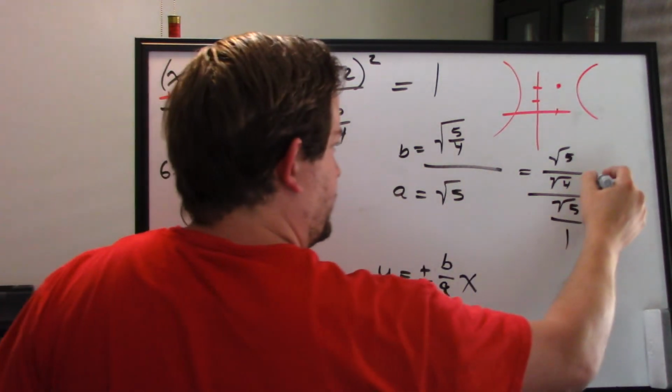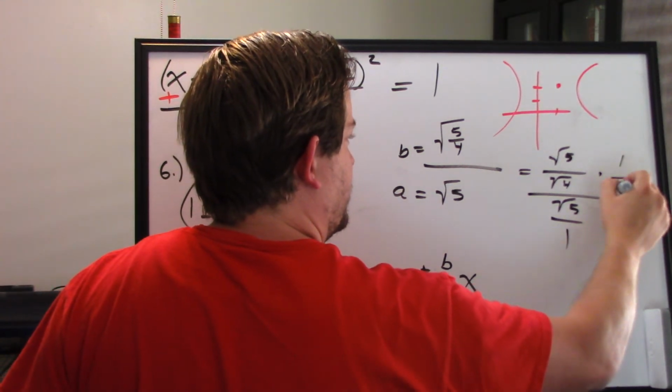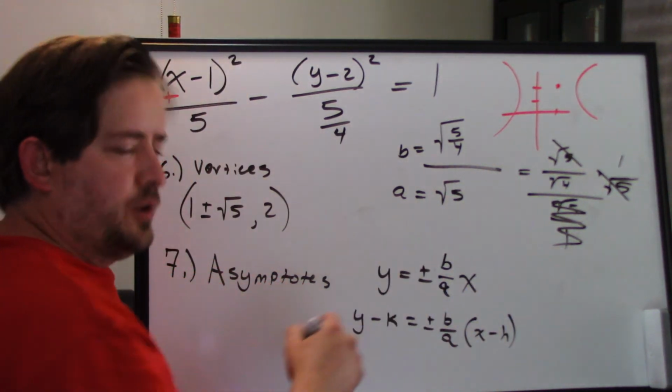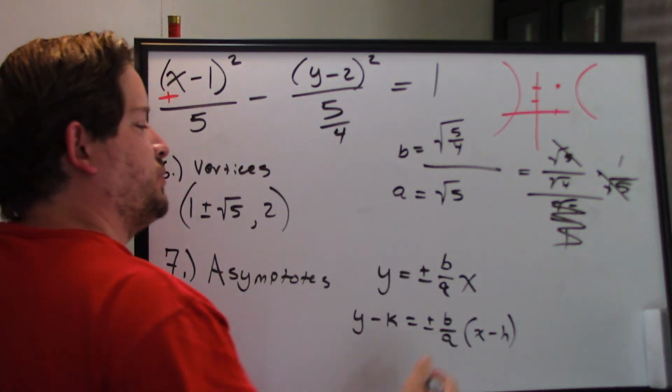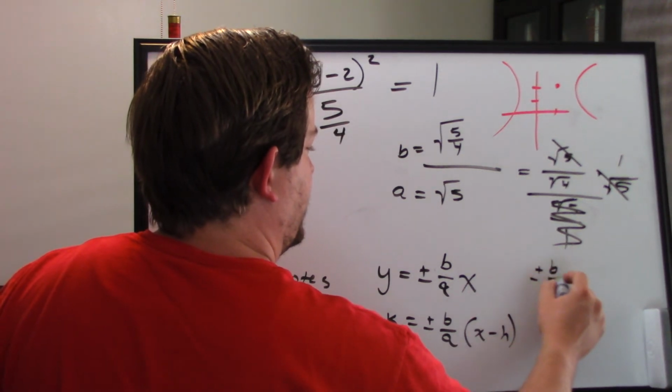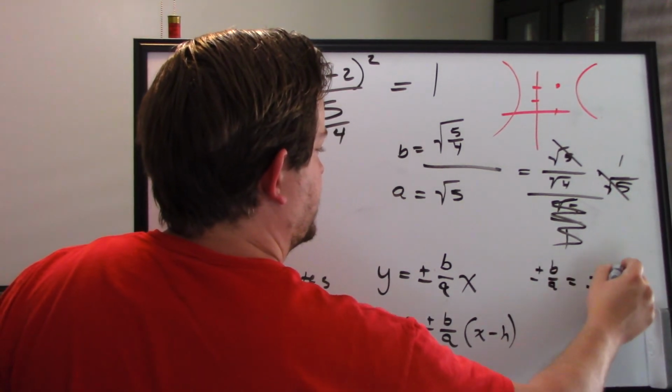Flip this and multiply. This is 1 over root 5, which cancels with the numerator. And it leaves me with 1 over square root of 4, but that's just 1 over 2. And so plus or minus b over a is just plus or minus 1 over 2.